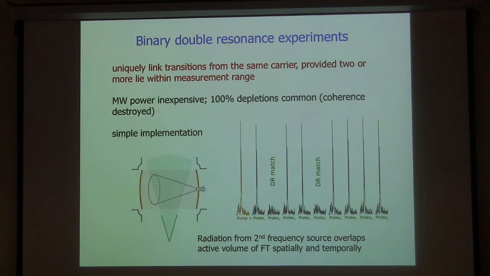Yes? What's your power level for the experiment for the pump and probe? We're doing the cavity experiment, so we're optimizing the cavity power in that sense. For the double resonance, we can run up to 20 dBm, which is a lot of power.